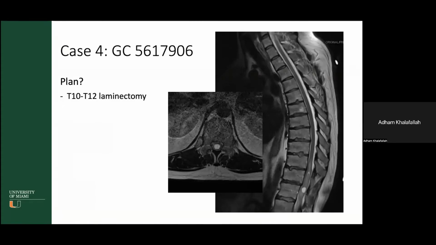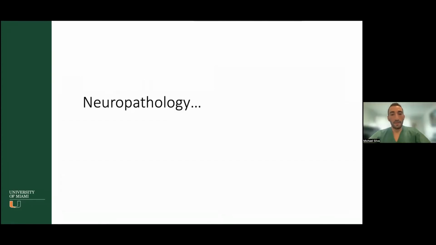I would go up to that mildly enhancing lesion, up to T11, and try to get a gross total resection of that lesion as well. Perfect. All right, so we'll move to the pathology.